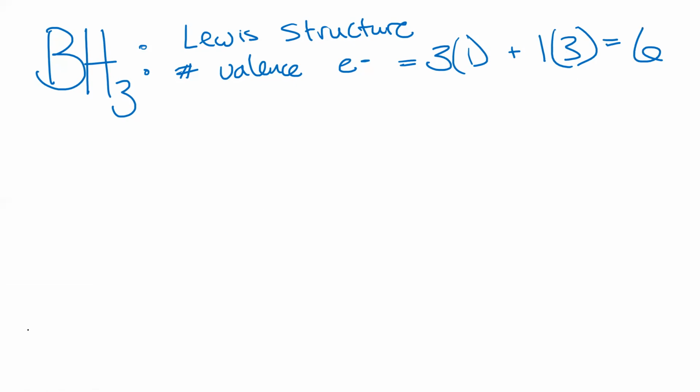You figure out in general which one is your central atom by typically placing the thing that could be less electronegative in the center. However, the rule doesn't work with hydrogen at all, because hydrogen can only ever form 1 bond. So hydrogen can never be a central atom. Therefore, we have to put boron in the center.